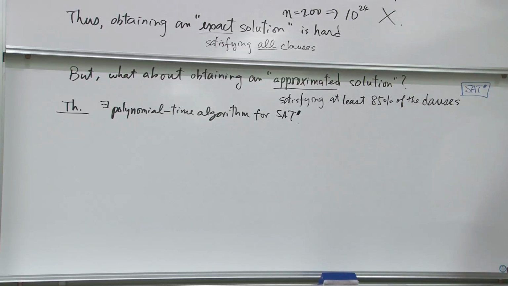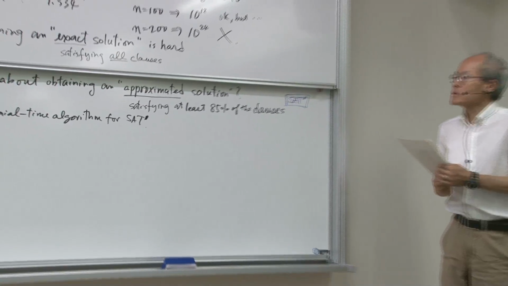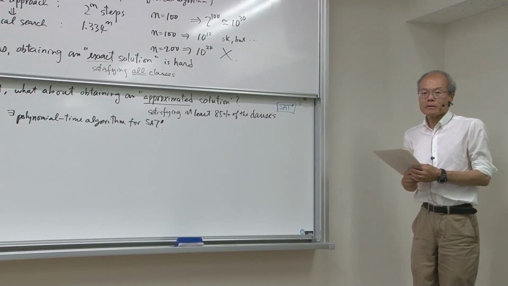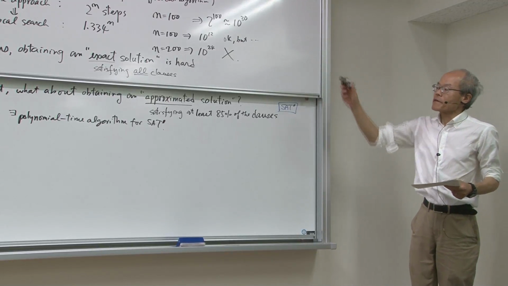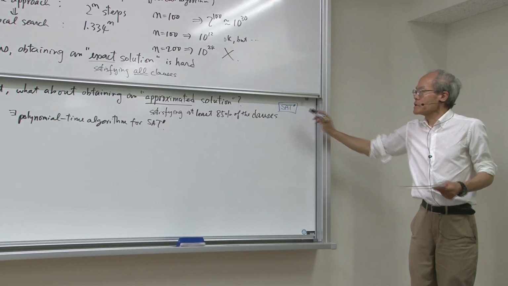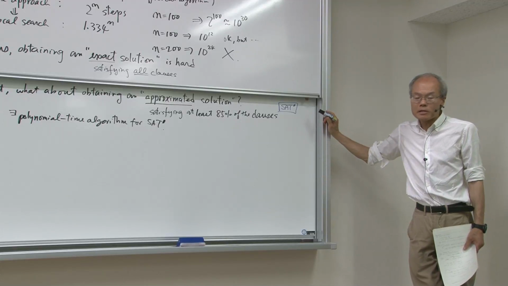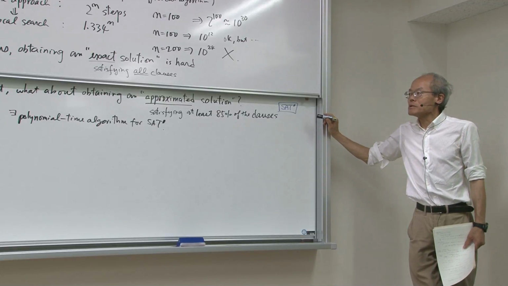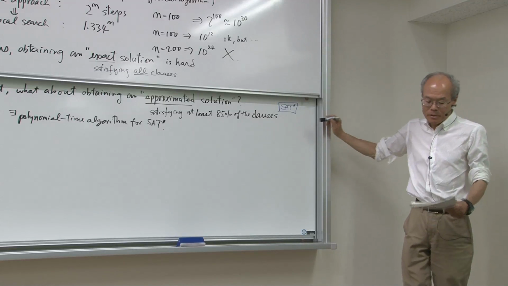We do have a polynomial time, very efficient algorithm for SAT prime. The original SAT is difficult, but for this problem, SAT prime, it's pretty easy. We do have a polynomial time algorithm for SAT prime.